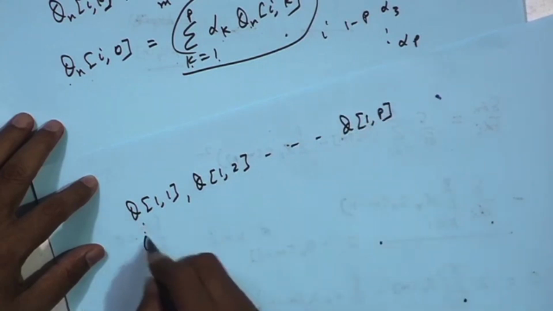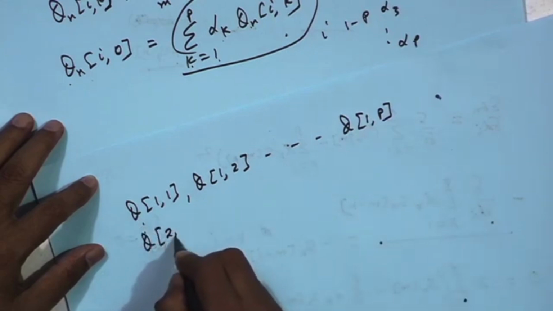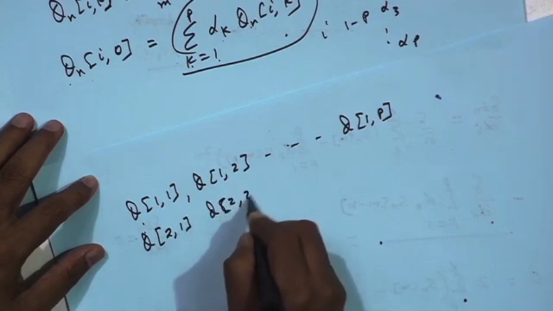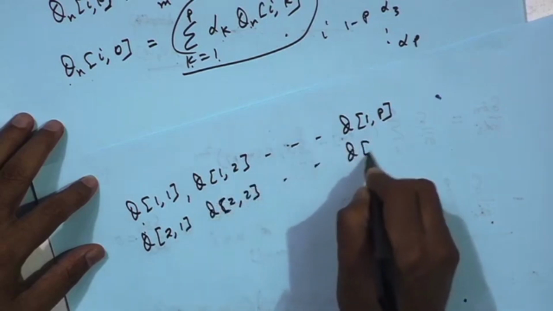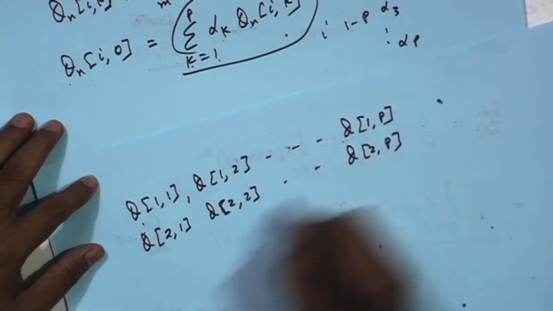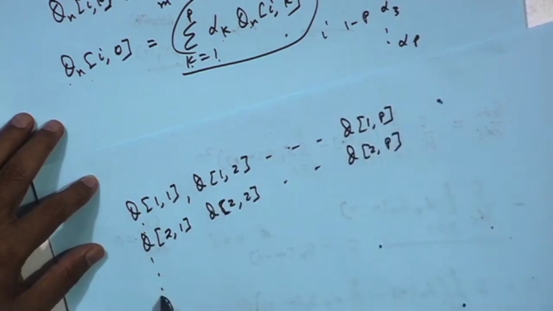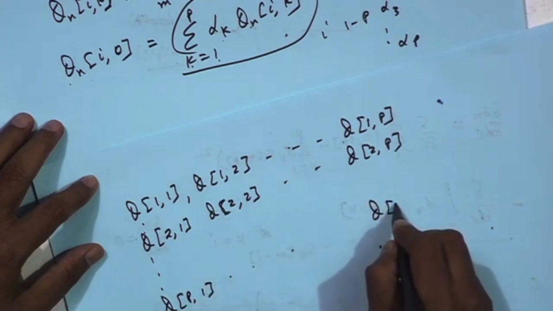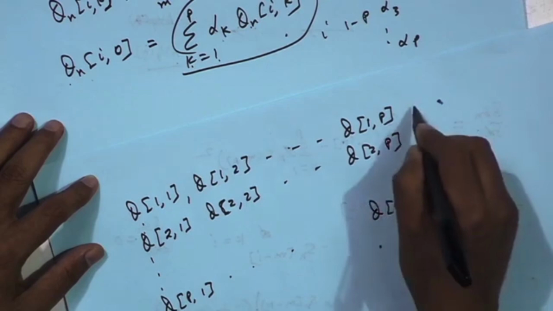Similarly, phi 2 1, phi 2 2, dot dot dot, phi 2 p, and so on, up to phi p 1 dot dot dot phi p p.